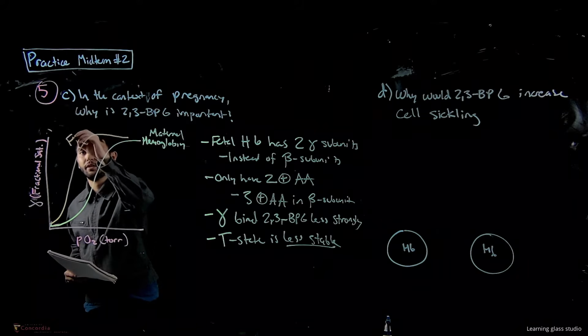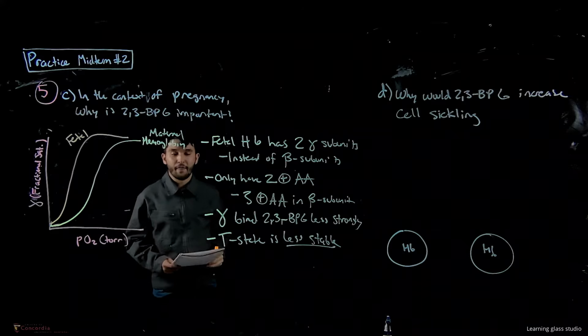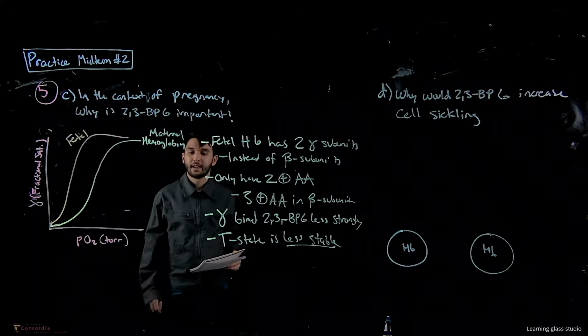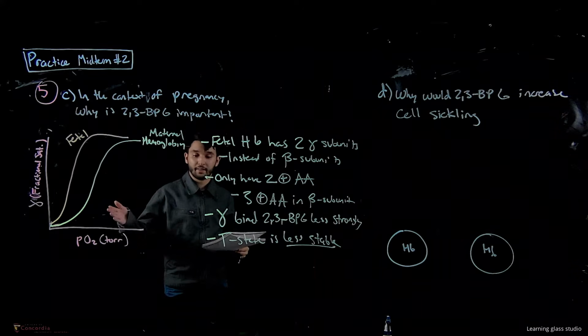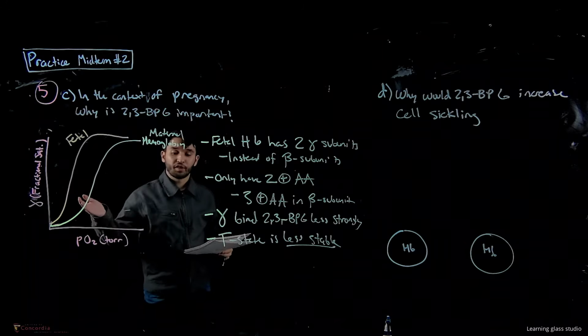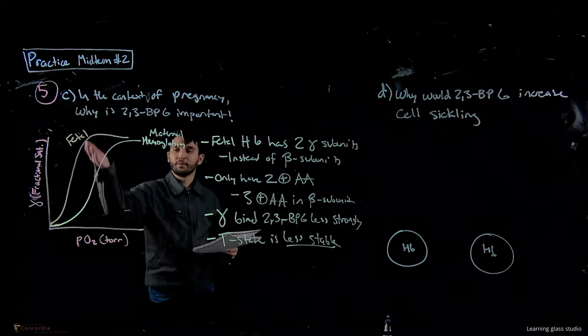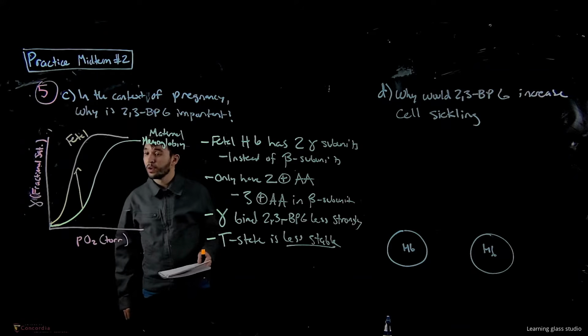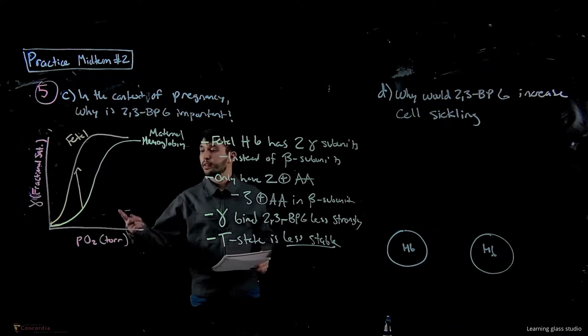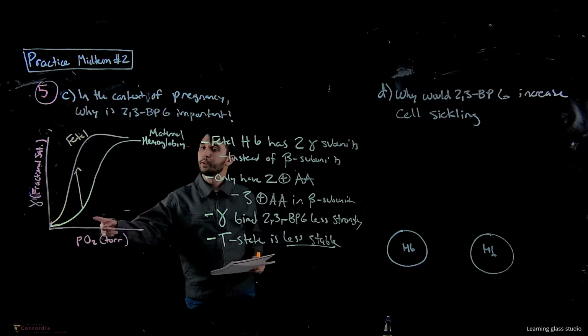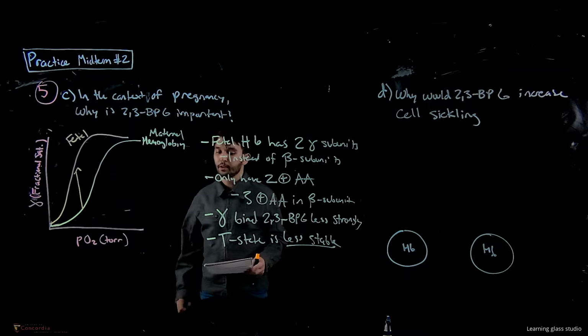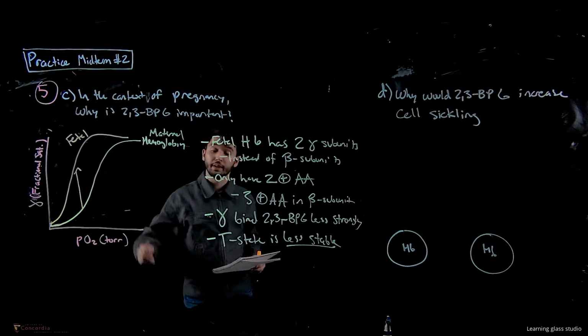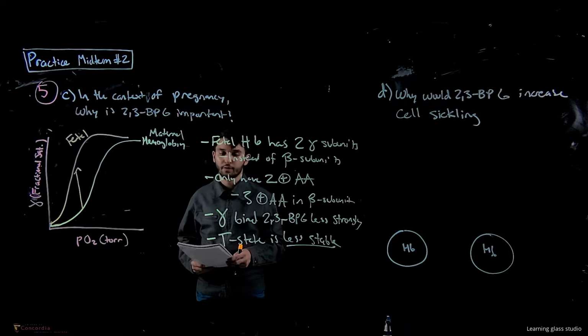So this is the fetal, and that is because the T state is less stable. Because the T state is less stable, it's more similar to the R state, in which it's more likely to pick up oxygen. So the oxygen will flow from the maternal hemoglobin to the fetal hemoglobin, because the fetal hemoglobin has a higher affinity for O2.